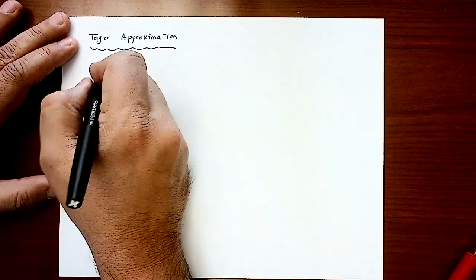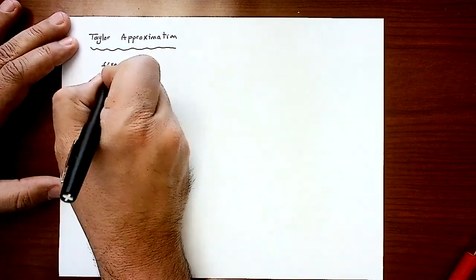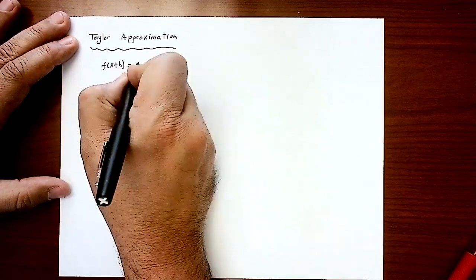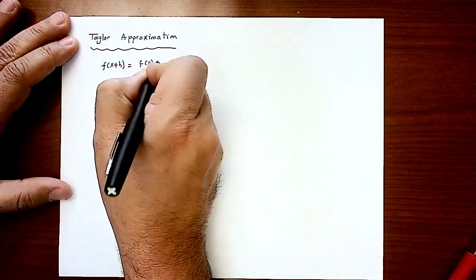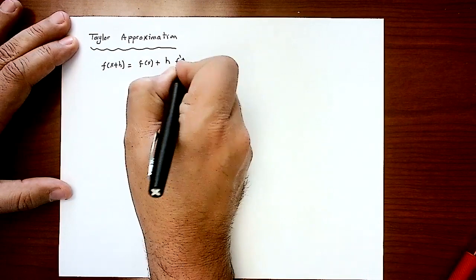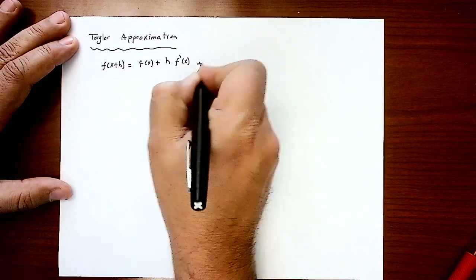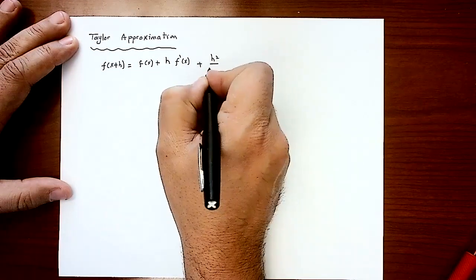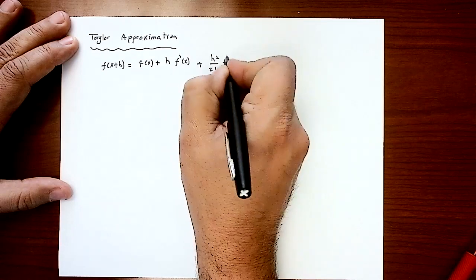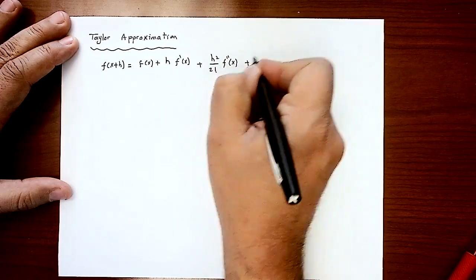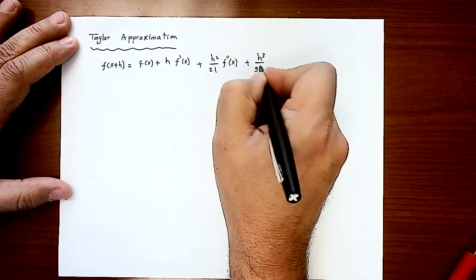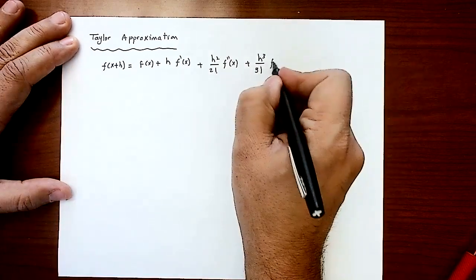So the Taylor expansion of the function at x plus h is equal to f of x plus h f prime of x plus h squared over 2 factorial f double prime of x plus h cubed over 3 factorial f triple prime of x.